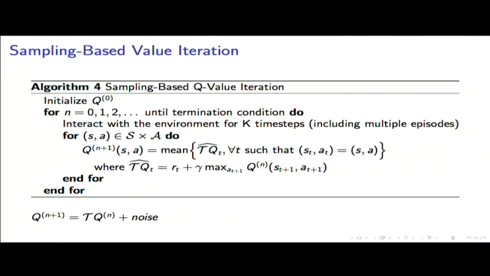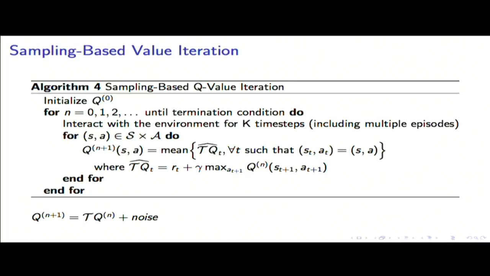Each iteration, you interact with the environment for a while, for let's say capital K time steps, and then we're going to update the Q value at every state action pair. The way we update it is we look at all the times you visited that state action pair. So we're taking all time steps t such that you visit that state action pair, and we take the mean of the backed up Q value at that time step.